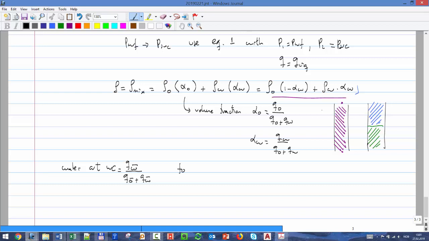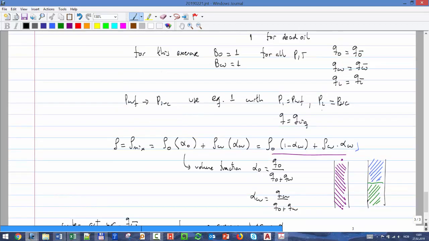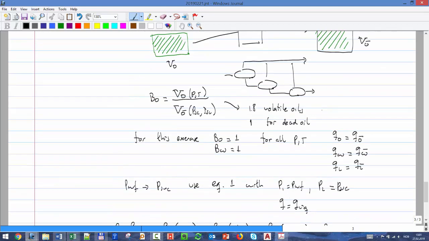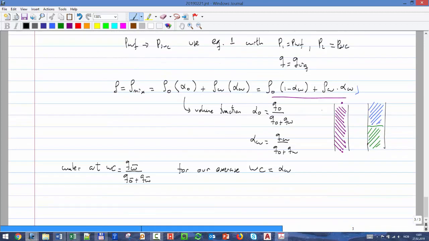For our exercise, water cut will be the same as alpha W, okay, the water fraction, but only because we are making this assumption that the oil volume factor is 1, okay, and the water volume factor is 1. If not, they are not going to be the same, okay.